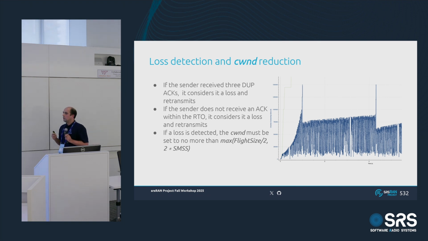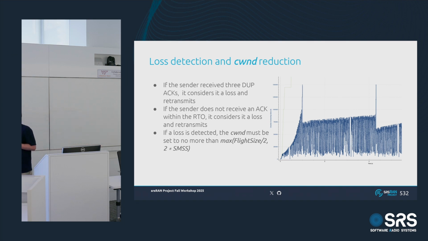But if you're using RLC AM, you have retransmissions. So why would there be losses? You should be using RLC AM during TCP streams. You don't want packets being lost in the air interface. So why are there losses? There are many places where there can be losses that are not the air interface. We'll discuss more about this a little later on.